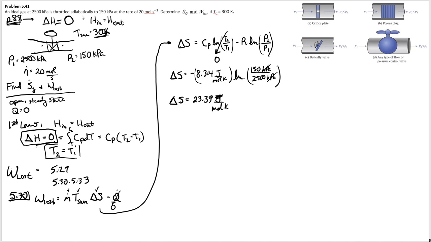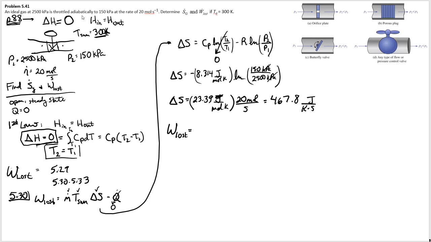And then if I want to, I can multiply that by 20 moles per second, and I will get 467.8 joules per Kelvin per second, or that will be watts per Kelvin if you want to leave it that way. All right, so now we have enough to calculate the lost work.